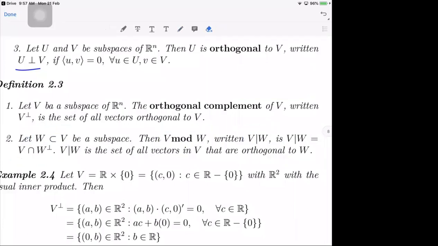Okay, so orthogonal complement B perp. B mod W is B intersection W perp. Shortcut is inaani ang notation, murag B divide W.